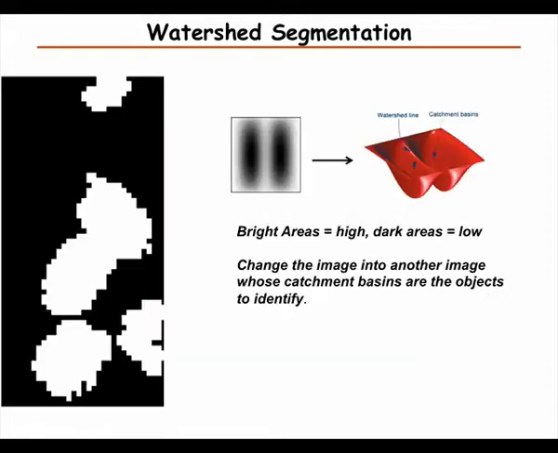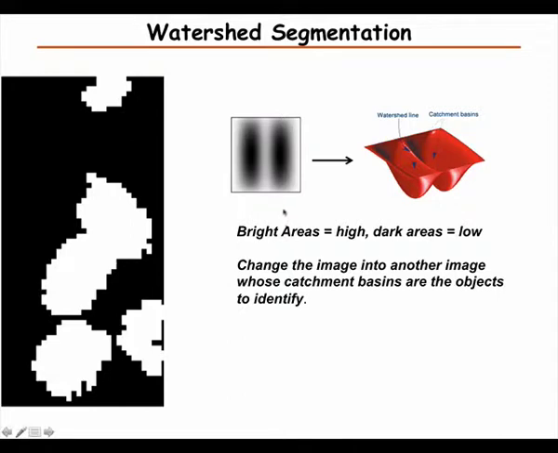The way this works is that in your image the bright areas are the ones that are high, so the topology goes up. But for this, you switch that around so that the maxima become minima.